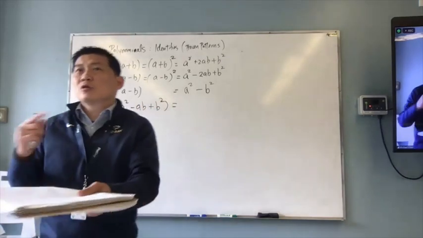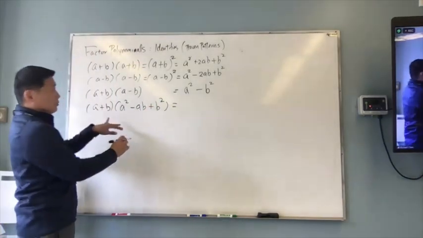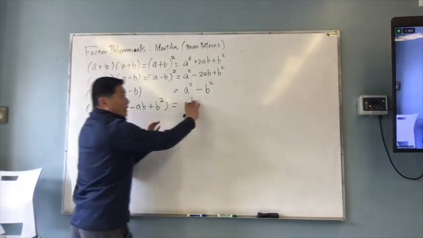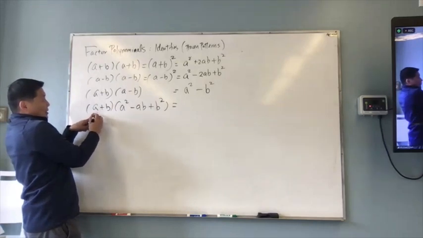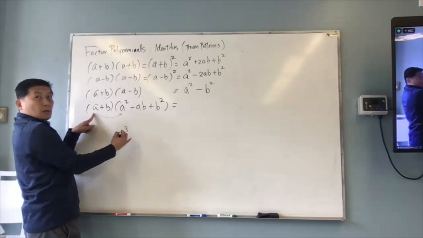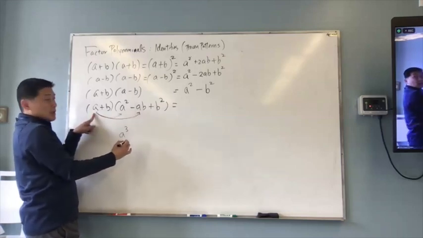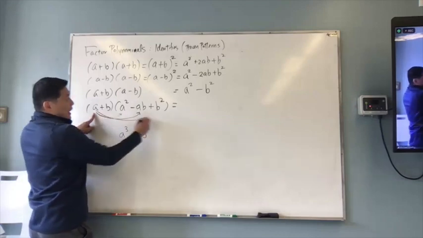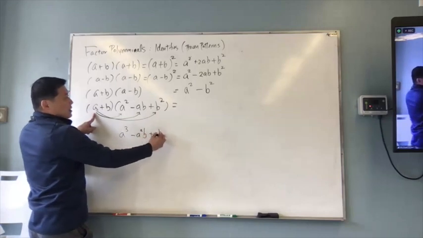Now, if I multiply this out, I'm just going to do a little calculation on the side. I will write down the actual answer here, but I'll show you how I do this, right? So A times A squared is A cubed. A times negative AB is minus A squared B. A times B squared is positive AB squared.